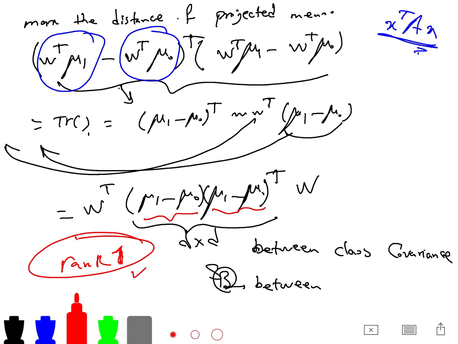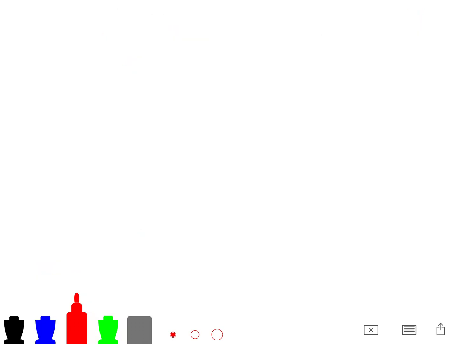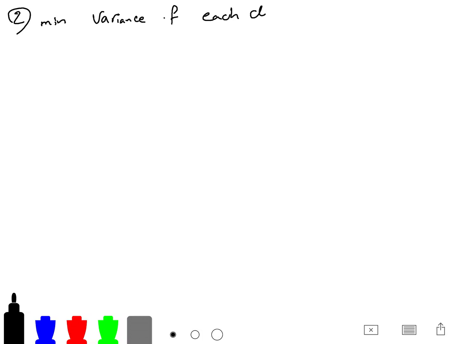And you see why this is important. This is rank 1. And why it is bad that this is rank 1. And so the other goal is to minimize the within variance. Minimize the variance of each class.